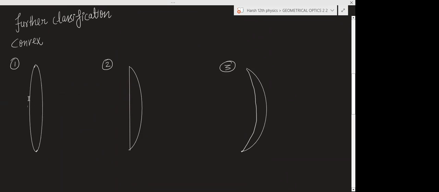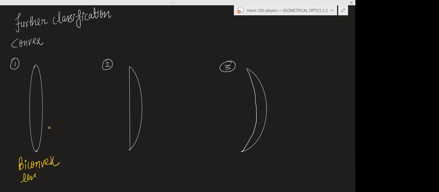So this lens is bounded by two convex surfaces. That is why we can also call it a biconvex lens, because it is bounded by two convex surfaces.